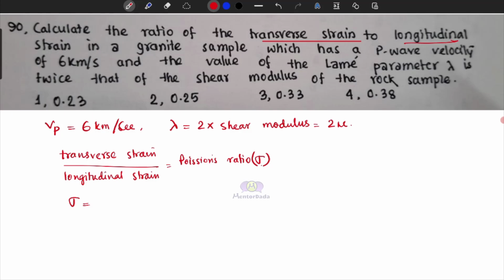Poisson's ratio equals the Lame parameter by 2 times the Lame parameter plus the shear modulus, and shear modulus means mu. It has been given that the Lame parameter equals 2 mu, so put 2 mu instead of lambda.